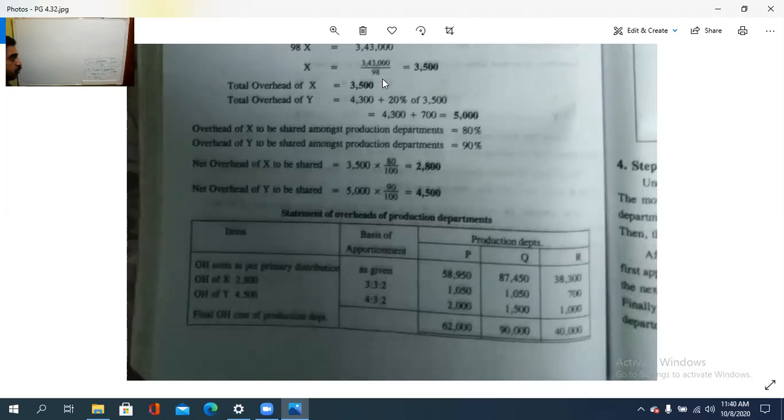Therefore, net overhead to be shared for X is 3,500 into 80%, and for Y it is 5,000 into 90%. So Y is 4,500, and here 35 into 80 is 2,800. So the 80% of the amount in X is what?